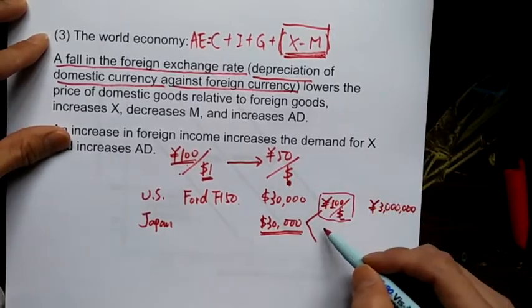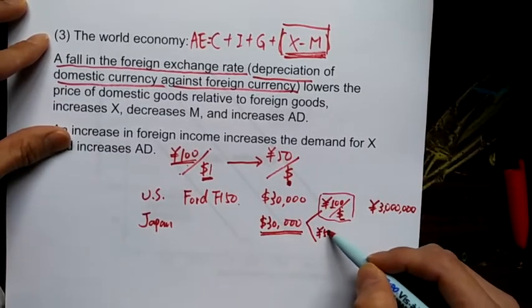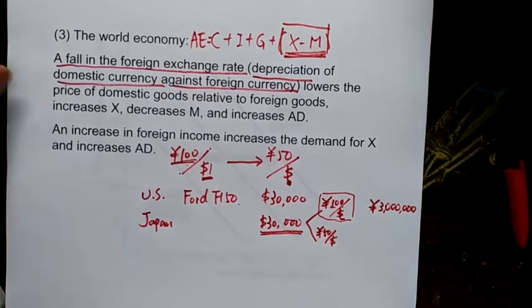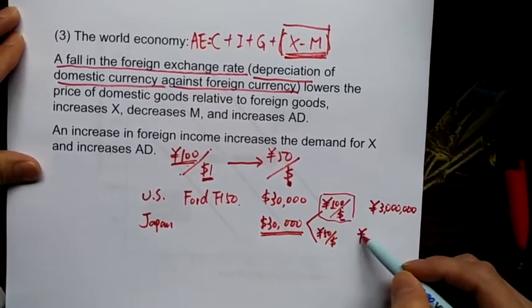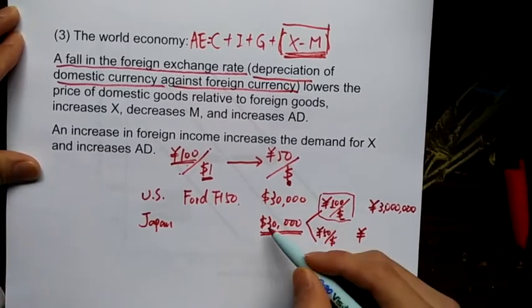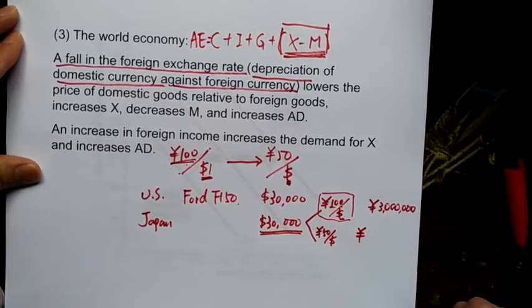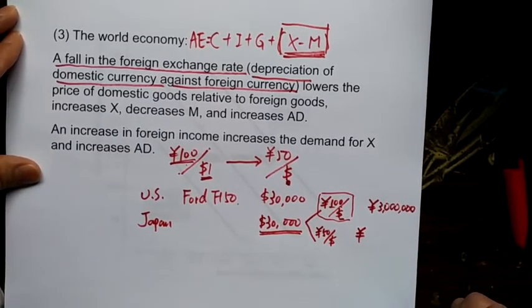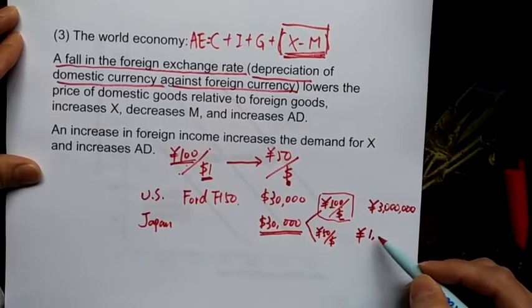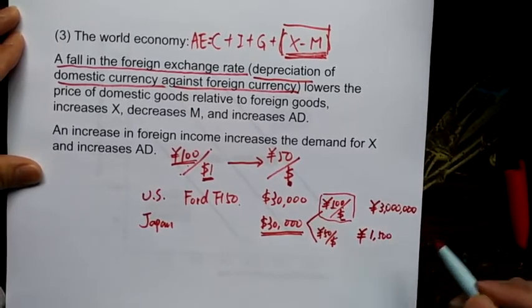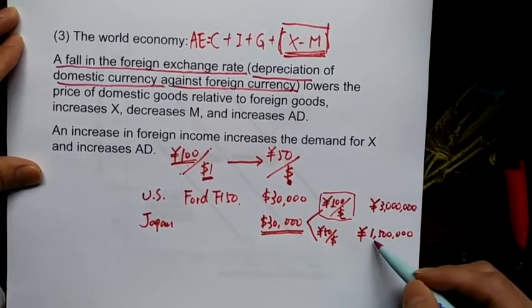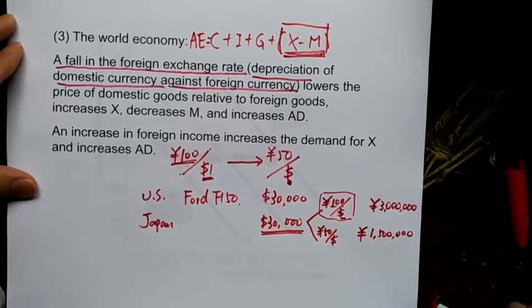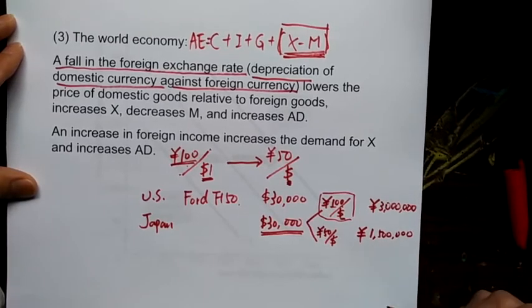What if now the exchange rate is 50 yen per dollar? Then how many yen do they need to buy $30,000? The answer is 1.5 million yen.